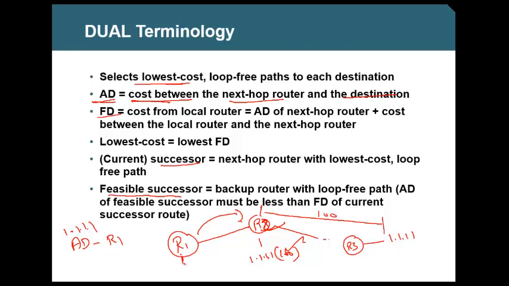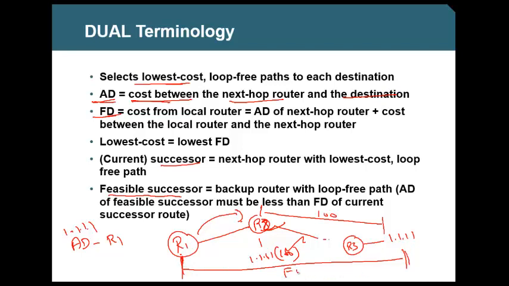Then what is feasible distance? The feasible distance is the metric between R1 and 1.1.1.1. If you have multiple paths, the lowest metric, the low cost metric for R1 to reach the final destination, R1 to reach 1.1.1.1. See, the metric between R1 and 1.1.1.1, the destination, is what?